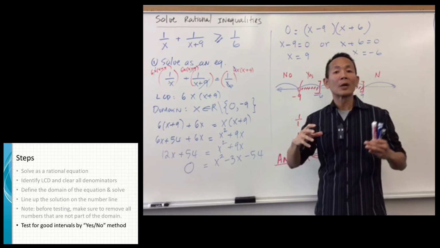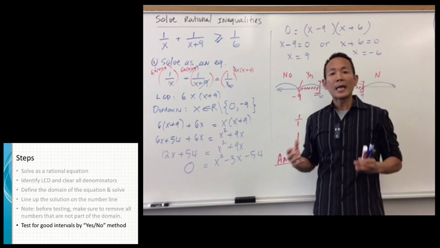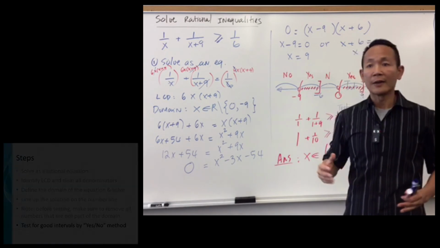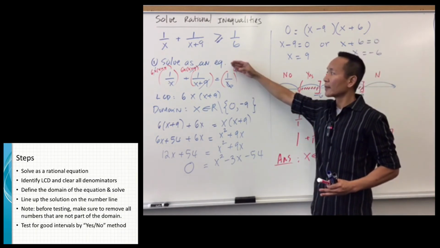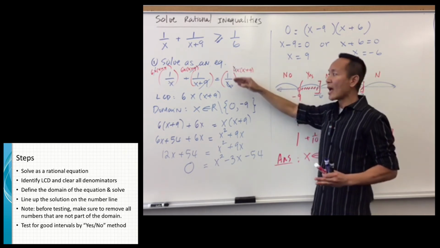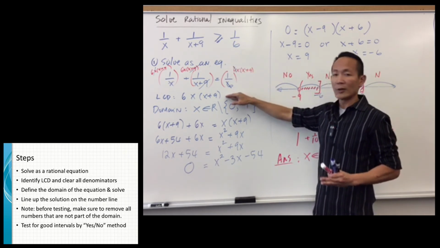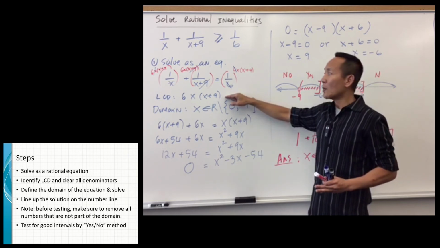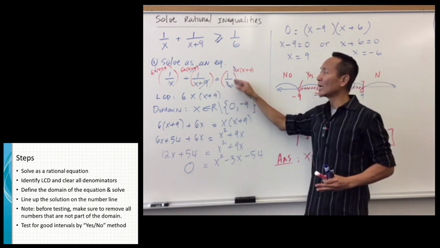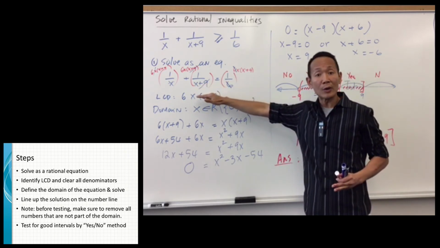And I would like to summarize step by step how to solve a rational inequality again. First, we solve it as an equation. In doing so, we have to define the LCD. And we go back to the equation. We multiply every single term by the LCD so we can clear all the denominators out.